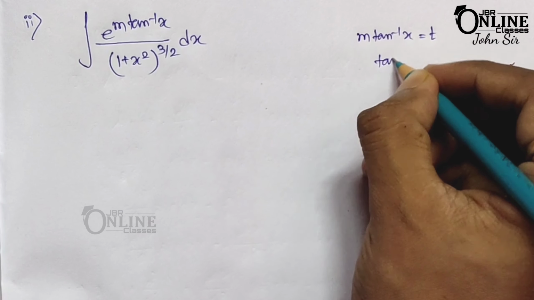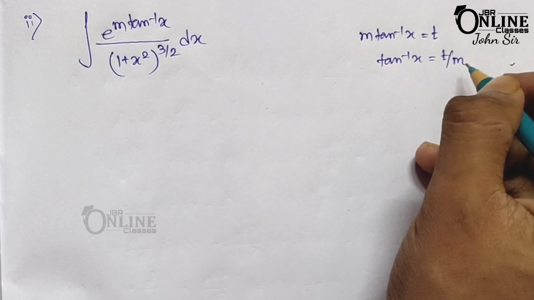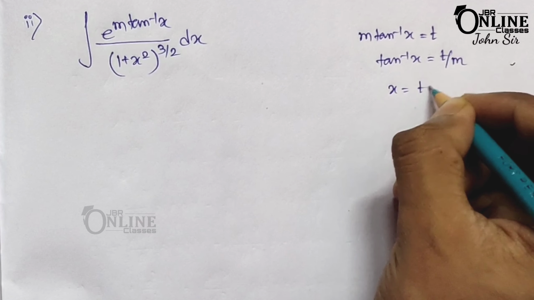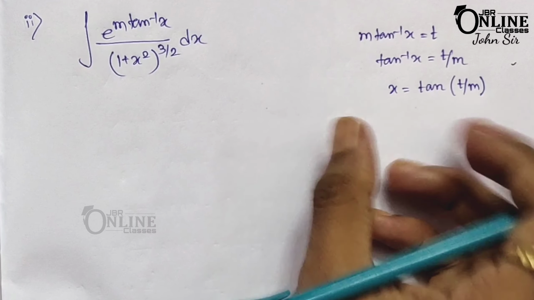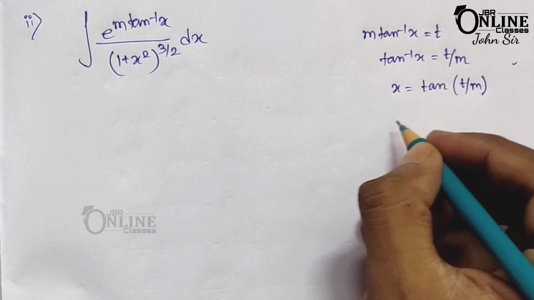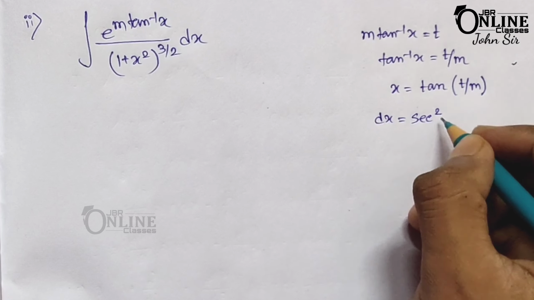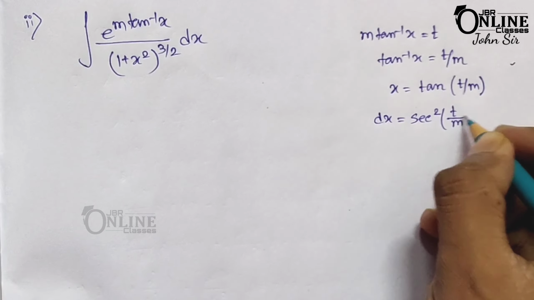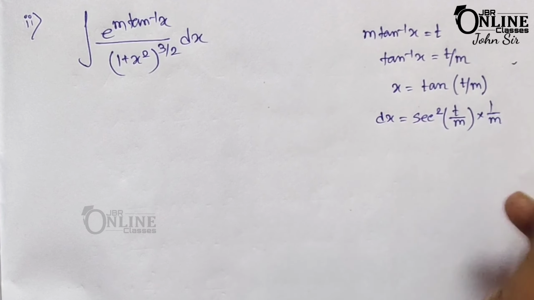So in that case tan inverse x equal to t by m. Okay, then x equal to tan t by m. So x equal to tan t by m, that means dx equal to sec square t by m, and then again 1 by m.